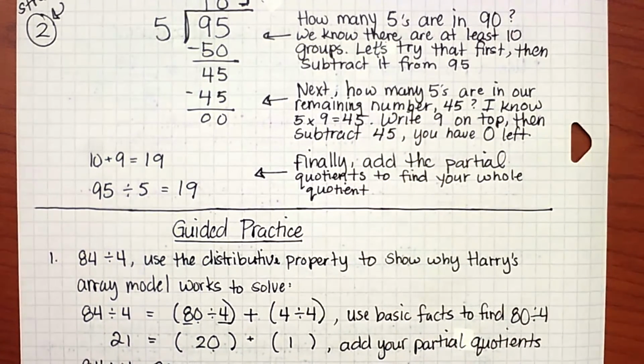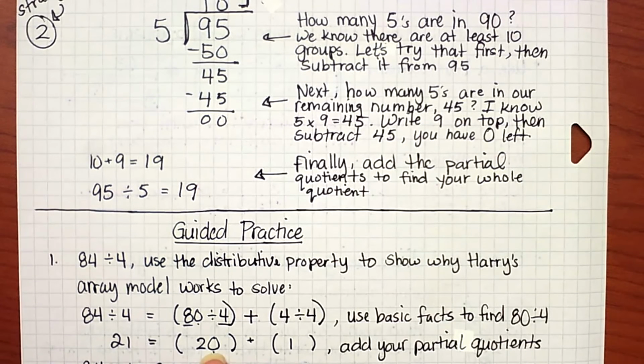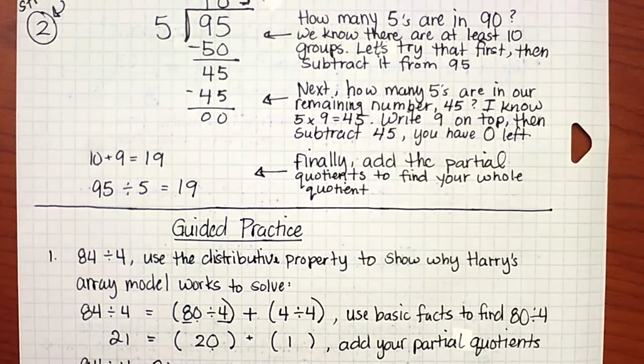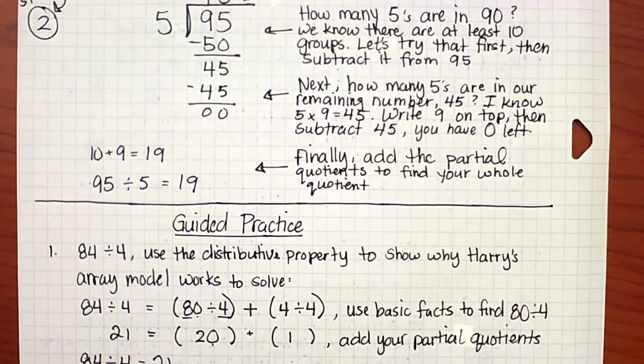I know that 8 divided by 4 is 2. So 8 tens divided by 4 is going to give me 2 tens, which is 20. 4 divided by 4 is 1. And then I add my partial quotients. 84 divided by 4 equals 21. And as you saw in the array that Harry made in the question, you saw them broken up into 4 equal groups with 21 in each group.